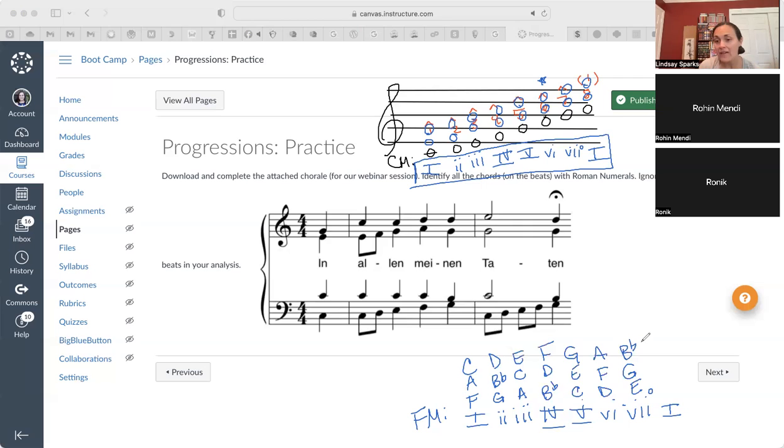So notice that we do have the B flat accidental here, but it's diatonic. It's already part of that F major key. So it's considered, like I said, diatonic, and we don't have any further alterations there.